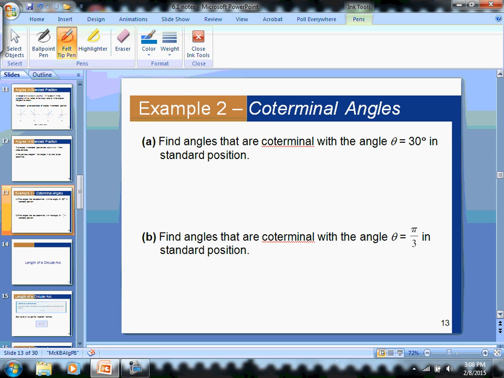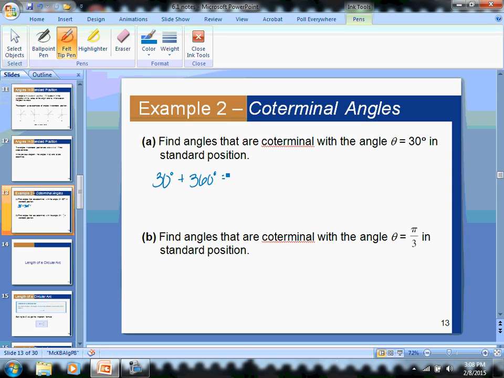Now, how we find other coterminal angles is, if you have degrees, here we have an angle that is measured at 30 degrees, and we want to find other coterminal angles to that. Well, if we're in degrees, we're going to keep moving around the circle, and there's 360 degrees in a circle, so you just are going to keep adding or subtracting 360 to that angle measure.